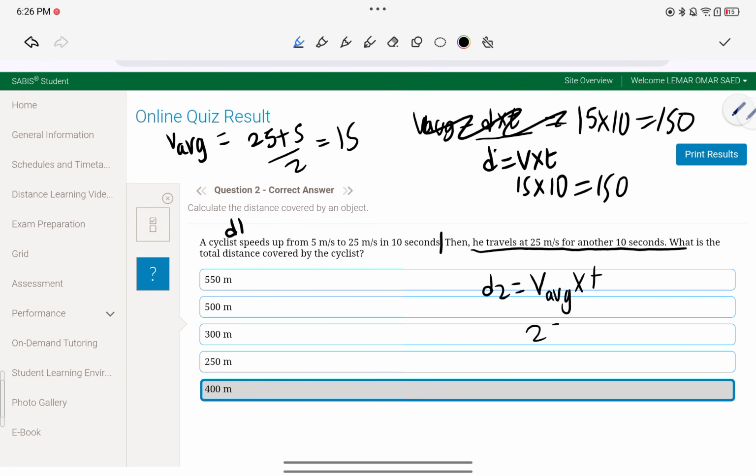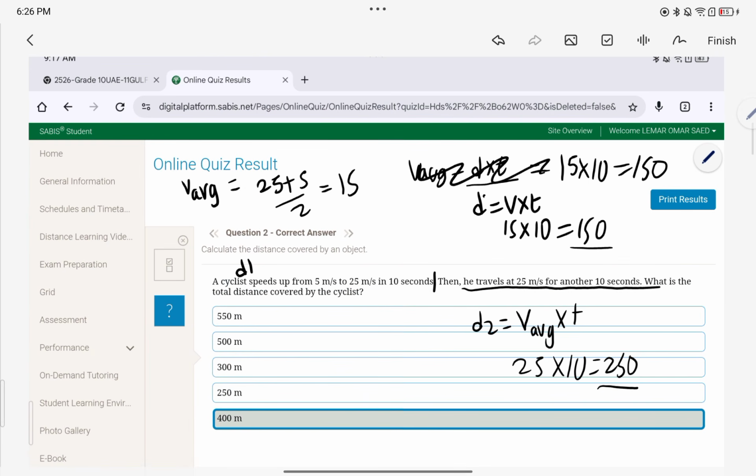The average v is 25 times 10, so 250. Now you add both of them, 150 and 250, you will get 400. Okay, now for question number 3.